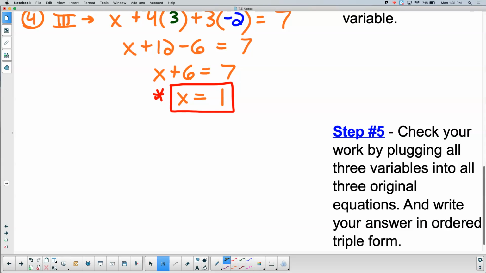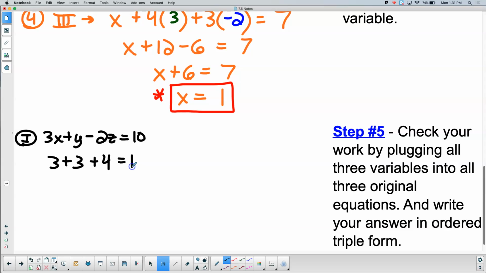So equation number 1 was 3x plus y minus 2z equals 10. If I plug in x is 1, then I get 3. If I plug in y as 3, I get plus 3. If I plug in z is negative 2, I get positive 4 there. And that's equal to 10.